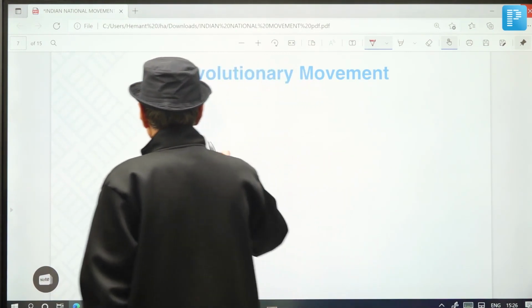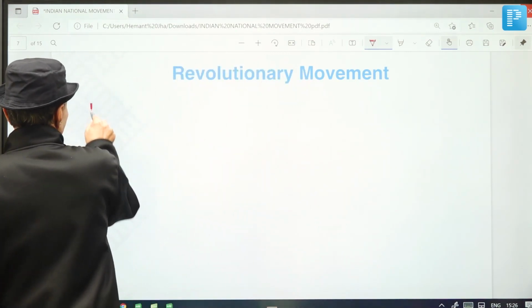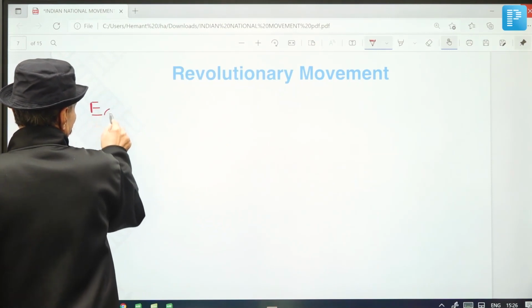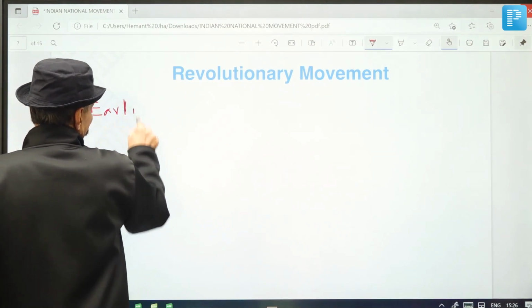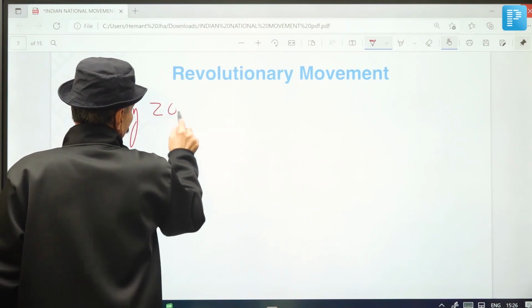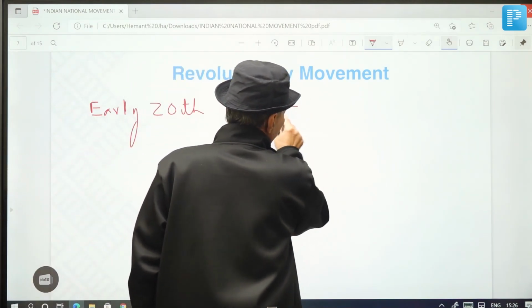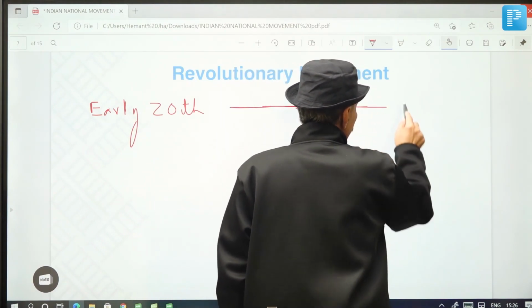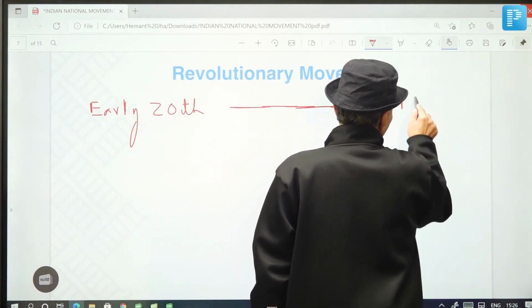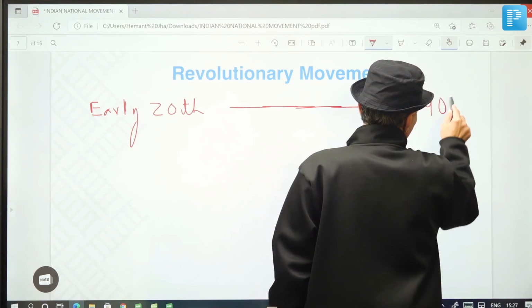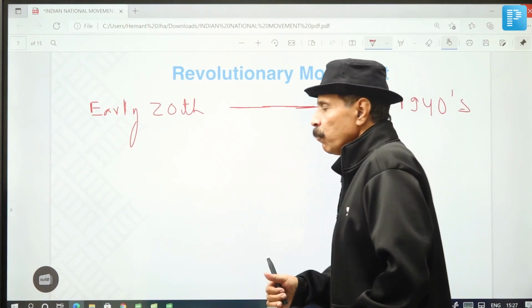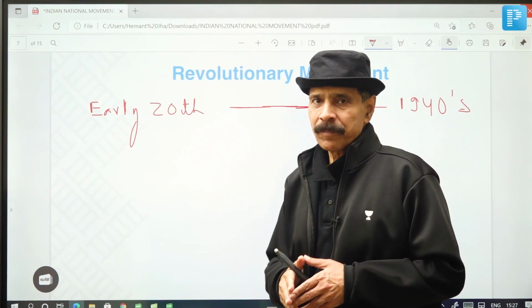The revolutionary movement began in the early 20th century and continued till the 1940s, with breaks.